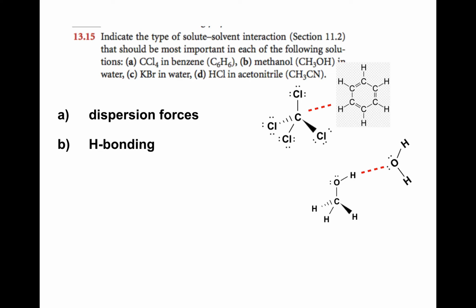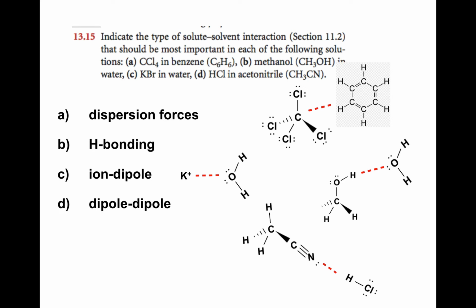And potassium chloride is an ionic compound, so when you put it in water, you get ion-dipole interactions. Hydrogen chloride is a polar molecule. Acrylonitrile is a polar molecule. So you get a run-of-the-mill dipole-dipole interaction between acrylonitrile and hydrogen chloride.